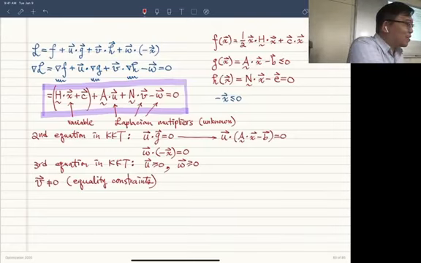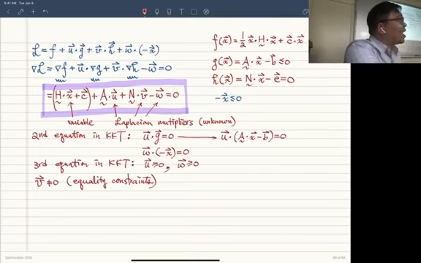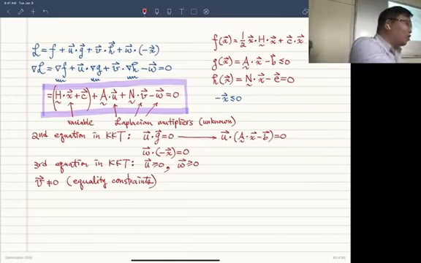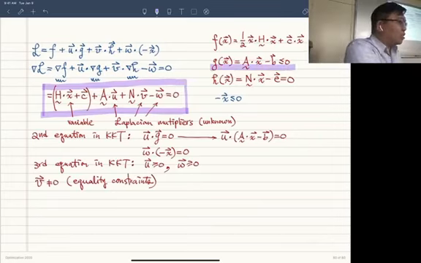When we handle this problem, we realize there's something that is not following the general format of LP, and that is basically the inequality.